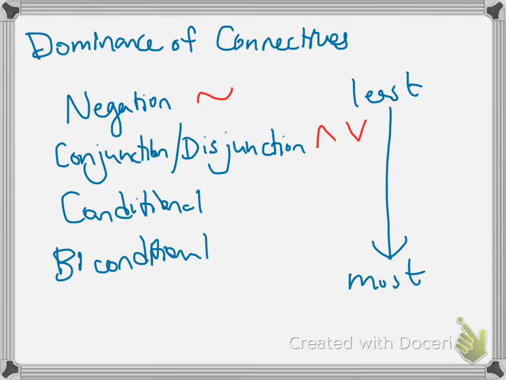Those are equally dominant. The conditional is if then, and the biconditional is if and only if. If and only if is going to be the most dominant of all of the connectives. Okay?